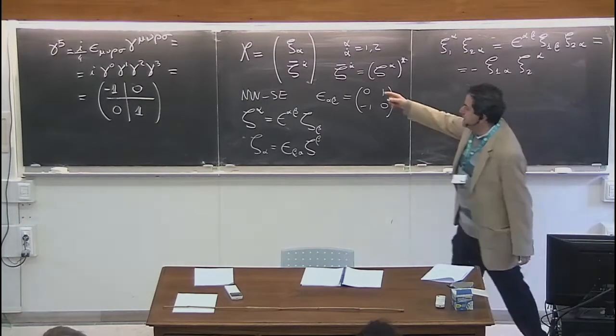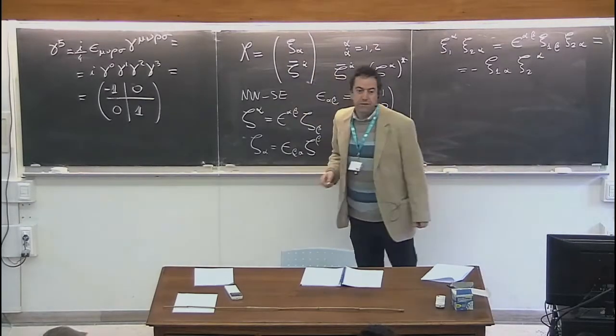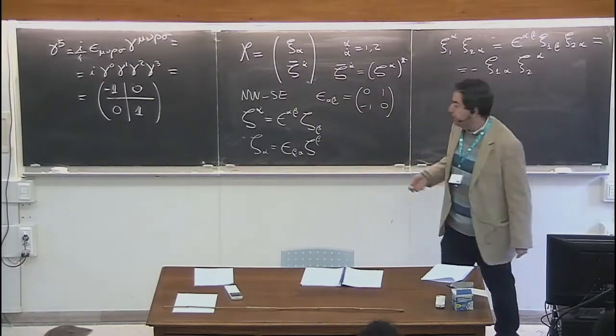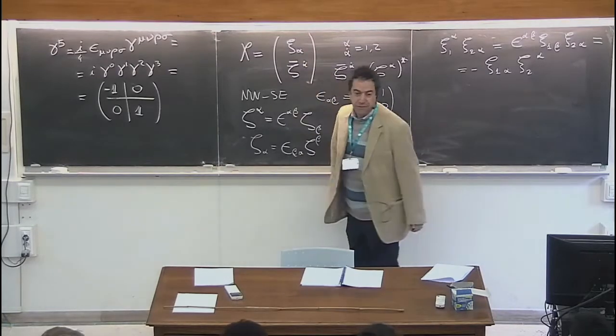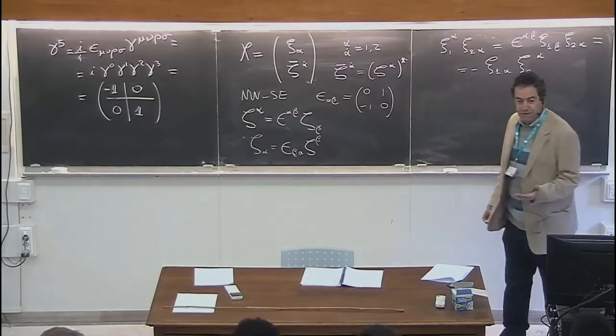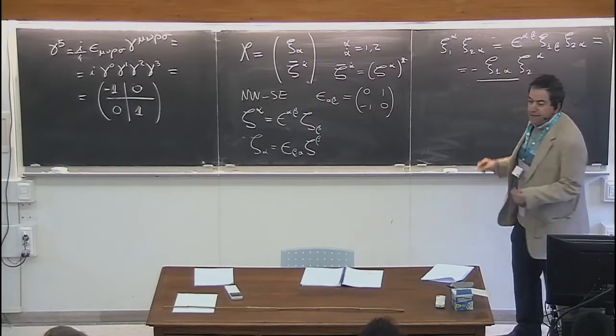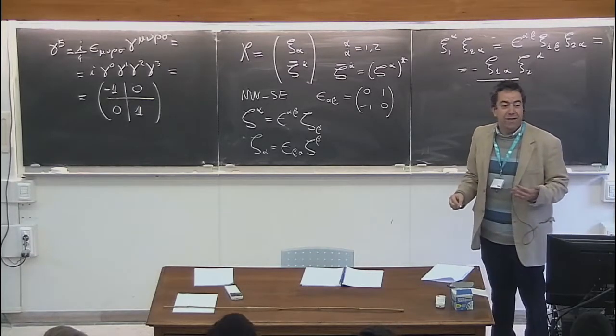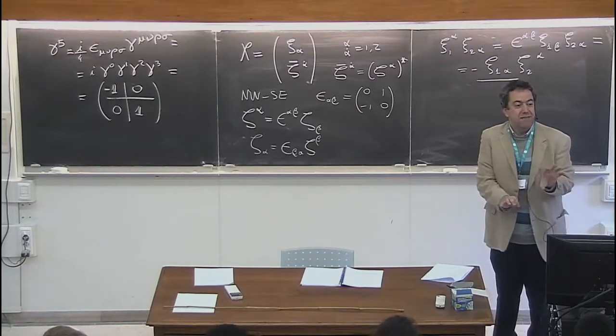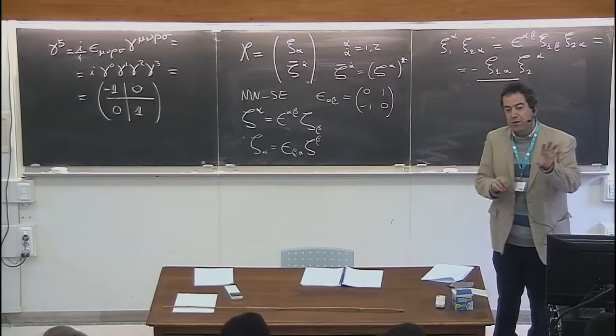Why do we use this notation for the spinors, with these indices in the lower and the upper position? Well, the basic reason is that the spin operator acts in the same way, by means of the same matrices, on the upper and lower components.